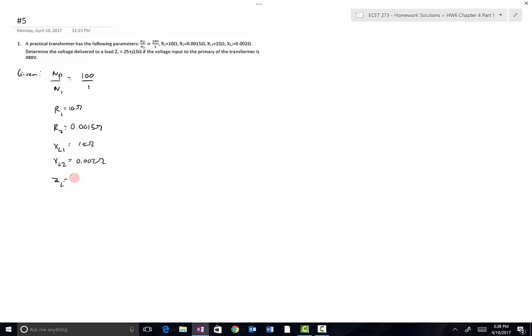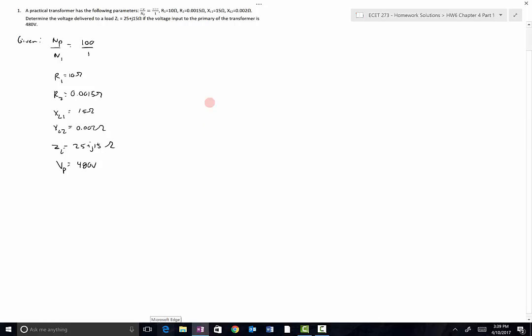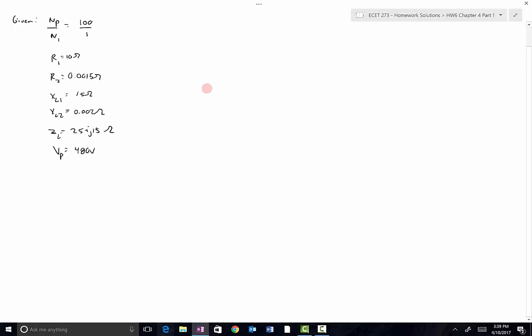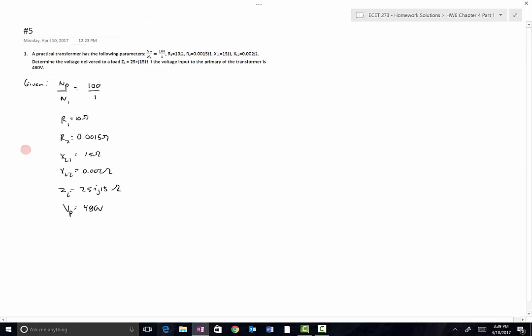We were told the whole thing was 25 plus J15 ohm. And then we've got the voltage input to the primary, so VP is 480 volts. We are asked to determine the voltage across the load. Find VL, right? Determine the voltage delivered to the load.